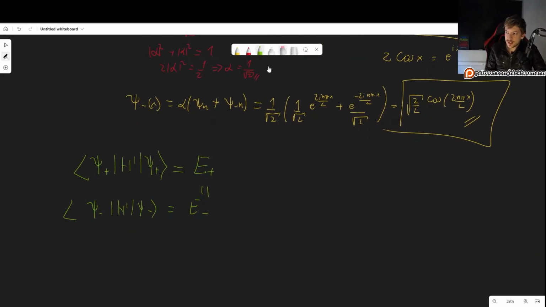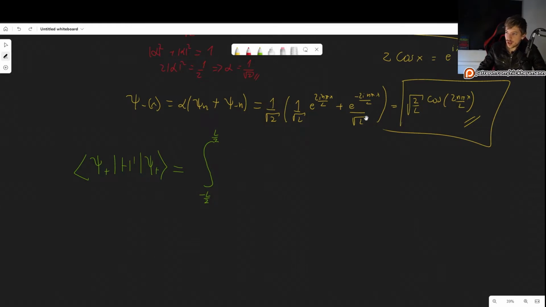Okay, so let's begin with this one. So this is the integral from minus L over 2 to L over 2 of this thing squared.